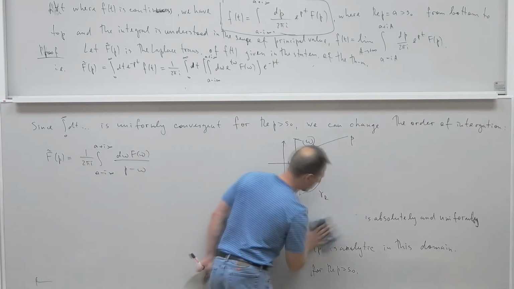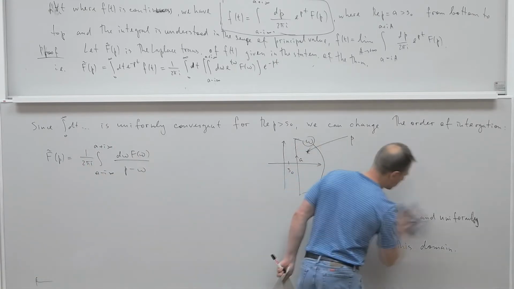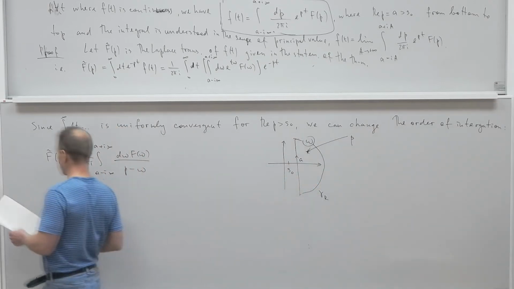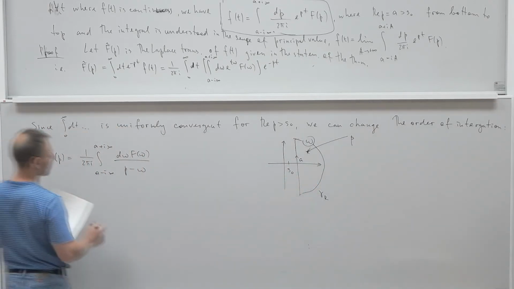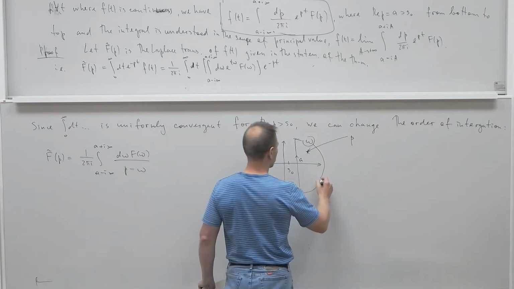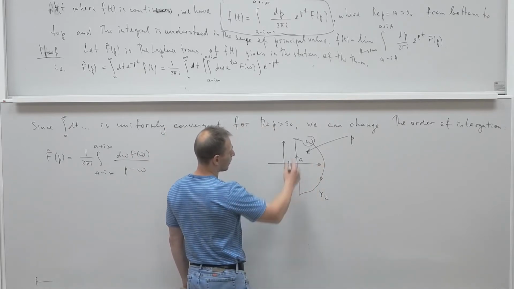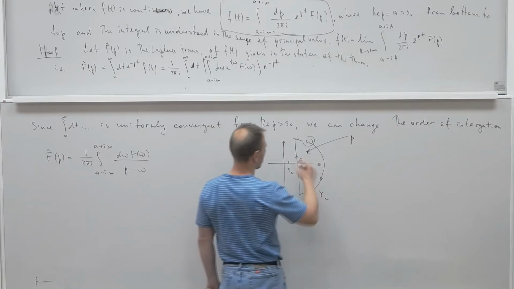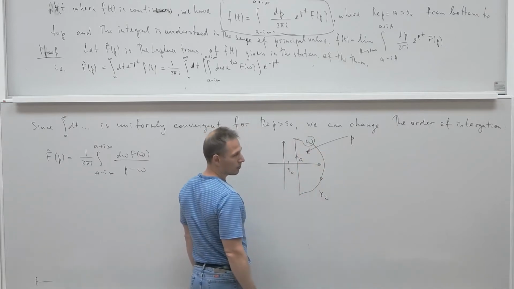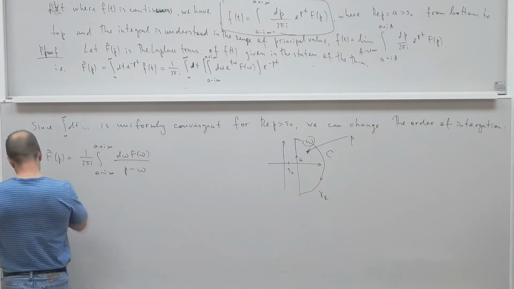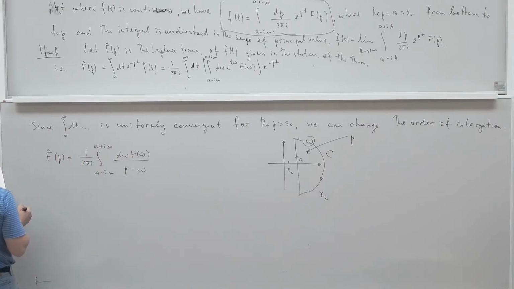So let us show this fact. This is the direction, the orientation of the contour gamma R, and the whole contour will be denoted as C.